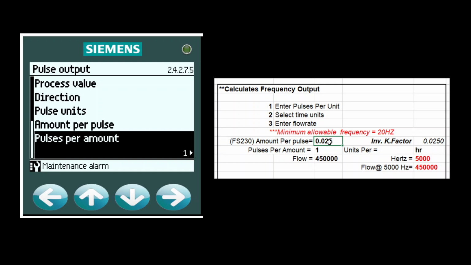Amount per pulse is what some manufacturers refer to as an inverted K factor. It's exactly equivalent to the reciprocal, which happens to be 40 in this case, for pulses per amount.